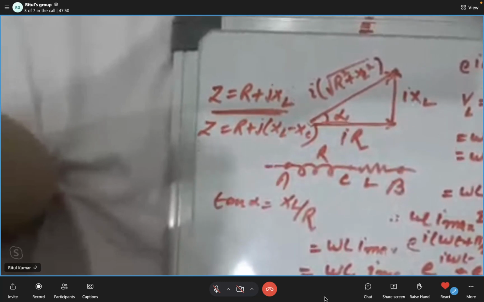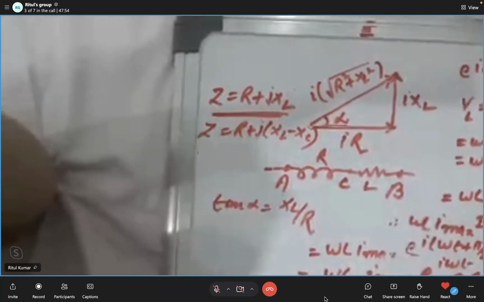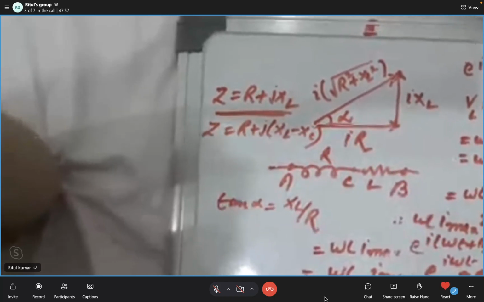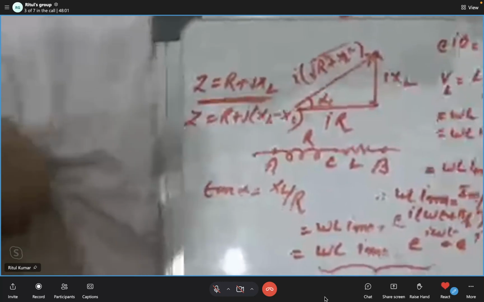So when you take an inductive circuit, voltage will lead current, we are aware of it. In more cases than one, back home we encounter a situation where voltage will lead current.